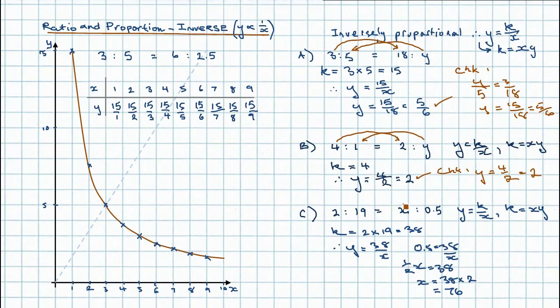But this time, slightly different. Well, we could do it in the same way. So we would end up with, if I write check, we'd end up with x over 2 equaling, and then we must go this way to check because it's inverse, so 19 over 0.5, and that will work out quite nicely.